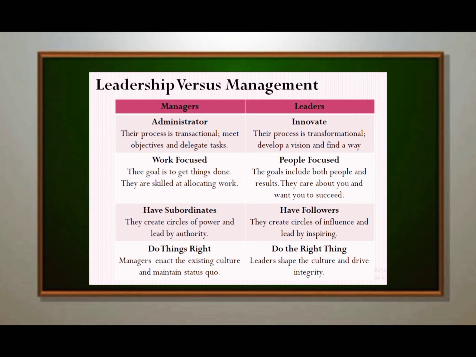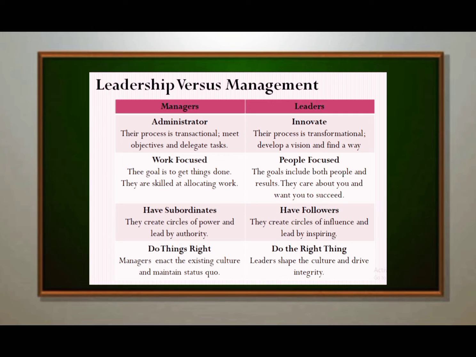The table shows the comparison of manager and leader. Managers versus leaders. Managers are the administrators. Their process is transactional: meet objectives and delegate tasks, while leaders innovate.